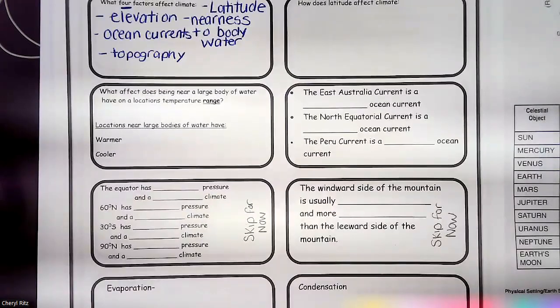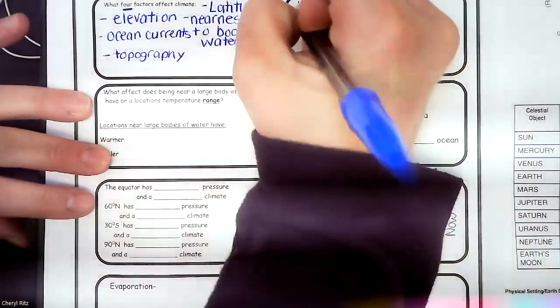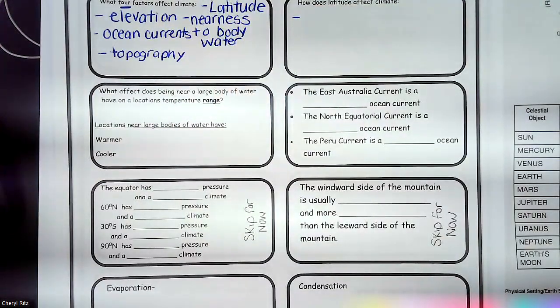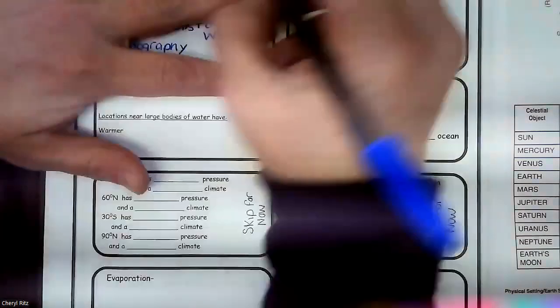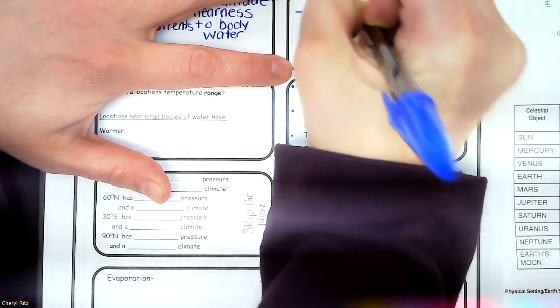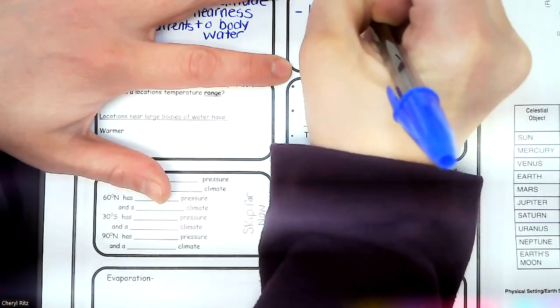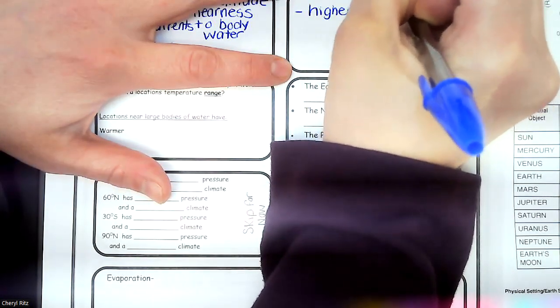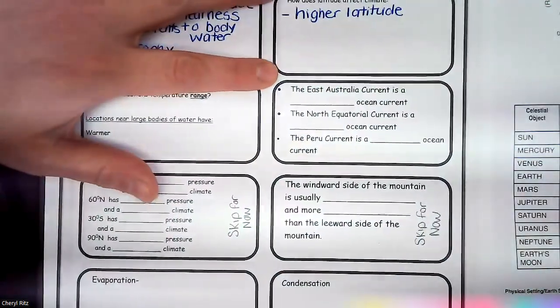And how does latitude affect climate? There's kind of 2 answers. Actually, there's one best answer, but I'm sure you're going to give me 2. How does latitude affect climate? Higher the latitude, which means the poles.